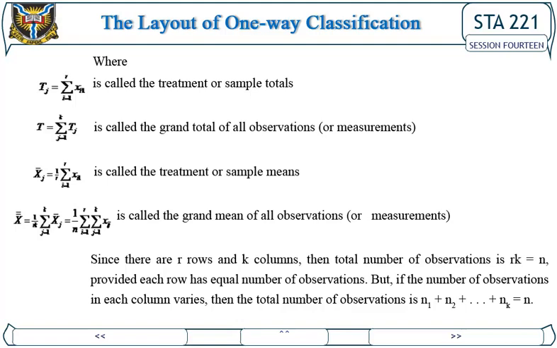Since there are r rows and k columns, the total number of observations is rk equals n, provided each row has an equal number of observations. But if the number of observations in each column varies, then the total number of observations is n1 plus n2 plus ... plus nk equals n.